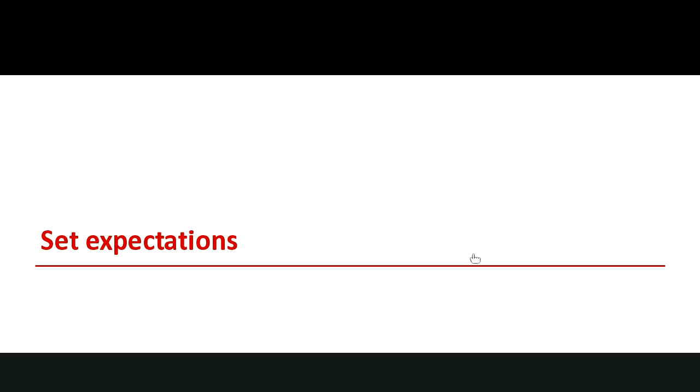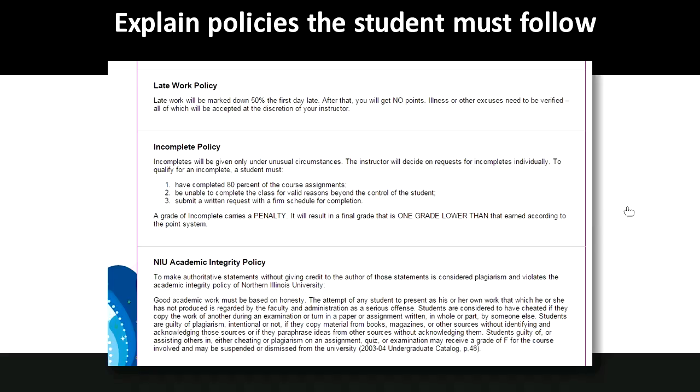My next section is how to set expectations with your students so that they know how to meet your expectations. I usually have an information page. Sometimes I'll call it information, or I will call it course policies, or something where the students know to find out what my policies and expectations are.